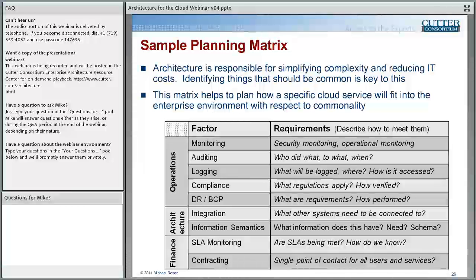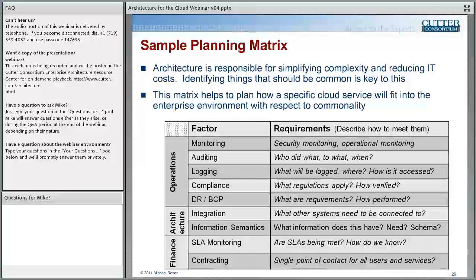And then what will be our disaster recovery and business continuity plans? How will that be performed? What will be the relationship between us and our service provider with respect to disaster recovery and business continuity? In terms of architecture, we're going to need to integrate the platform or the service into our environment.